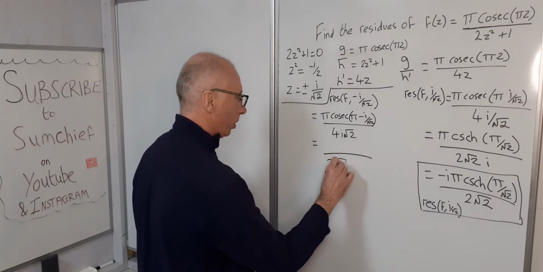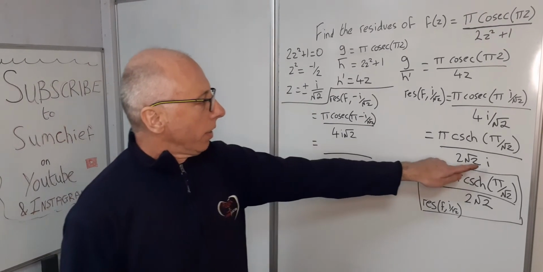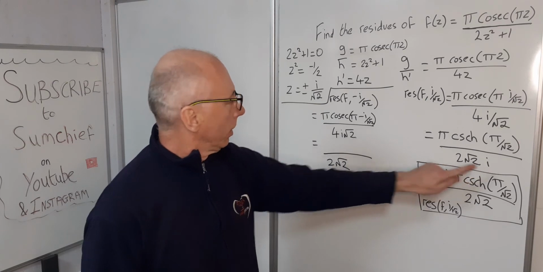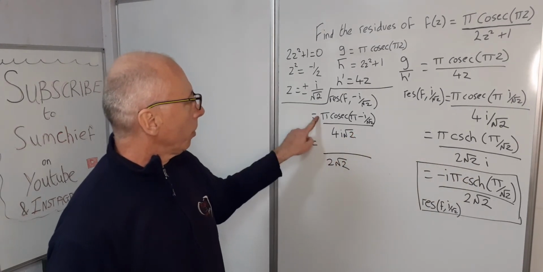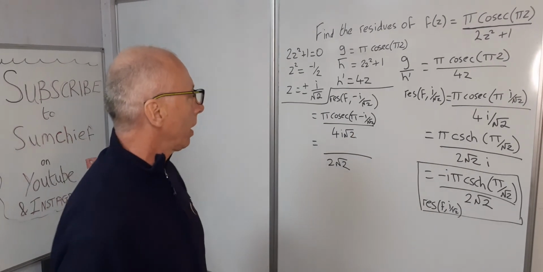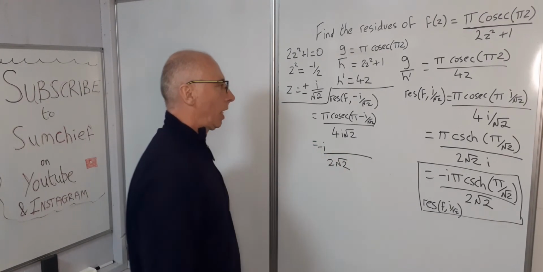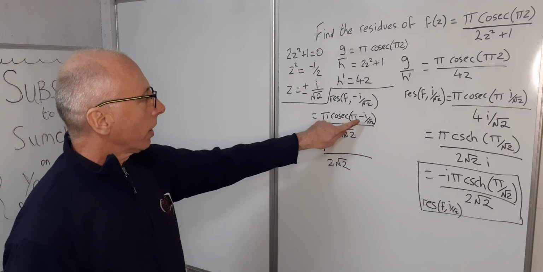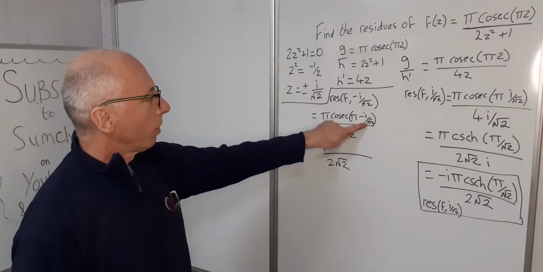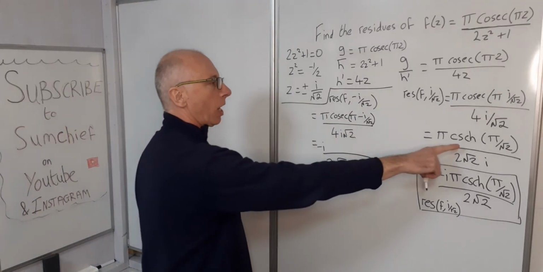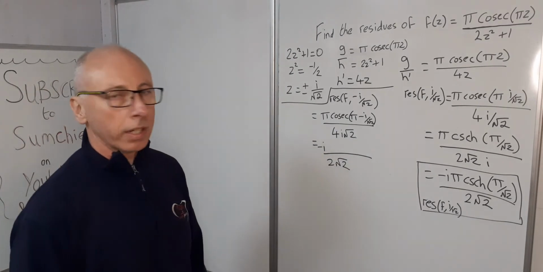So that's 2 root 2. This i here can move up to the top the same as the way we did that one, and that becomes minus i. And then the cosec of pi minus i over root 2 becomes the hyperbolic cosec.